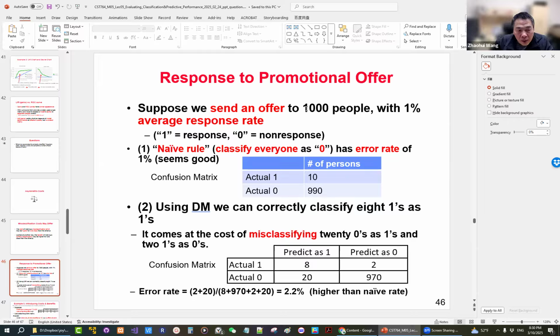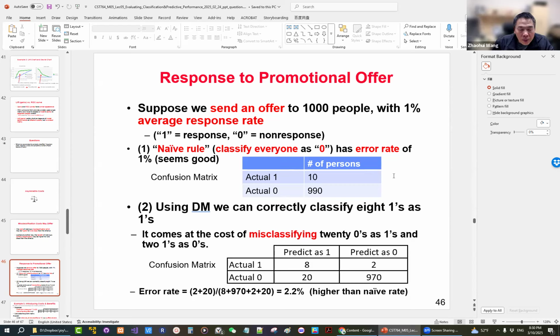That means of 1,000 people, only 10 will send back feedback. So we define 1 for response and 0 for non-response. The 1 class has more benefits, and the 0 part is just a waste of money, with no benefits and no contribution.